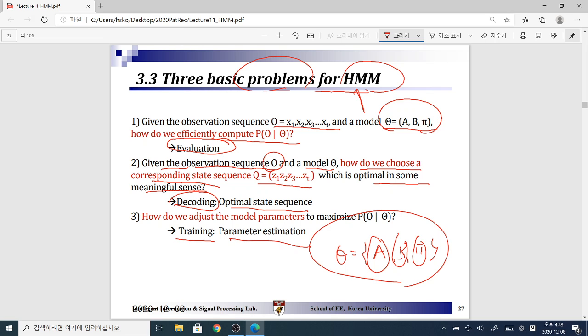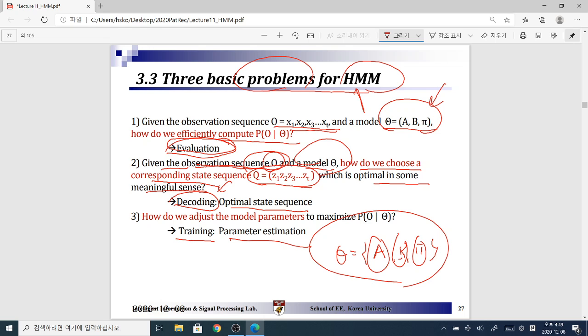So once again, there are three basic problems for HMM. One is evaluation, that is, given a certain observation sequence, we can obtain the probability of that observation sequence given a specific HMM model. The second thing we can do is decode, meaning that given a certain observation sequence and the HMM model, we can obtain the corresponding state sequence. This is the decoding problem.